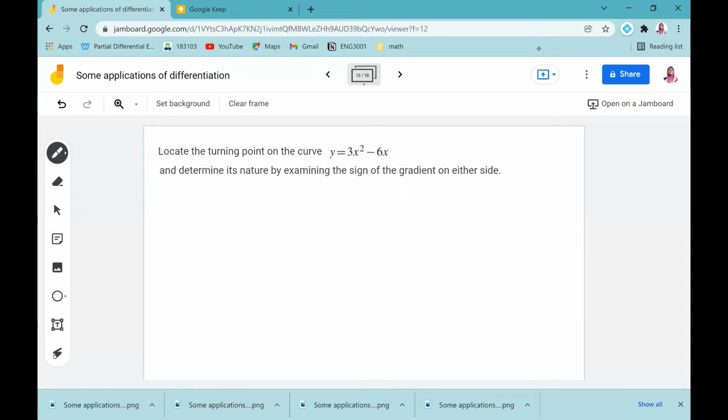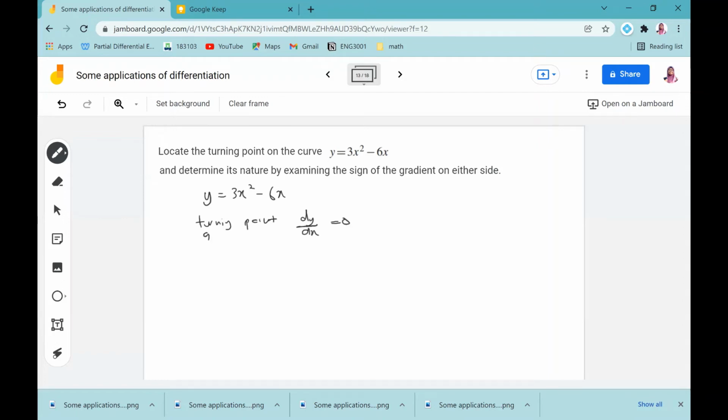So y is given as 3x squared minus 6x. Now we want to find the turning point coordinate. We know that at a turning point the gradient dy/dx is 0.